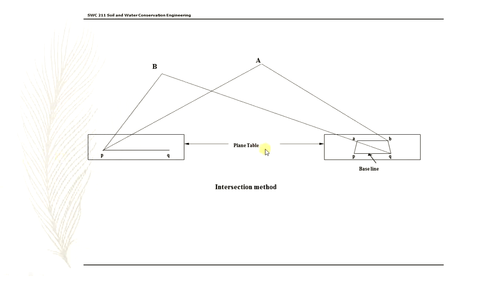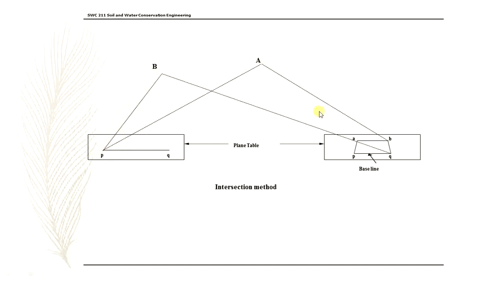That is seen here, some scale is drawn. The PQ line is the baseline, with stations A and B. Without a scale, we draw the line P and Q. First we do the intersect sighting from P to station A, then station B, this is PA and PB.